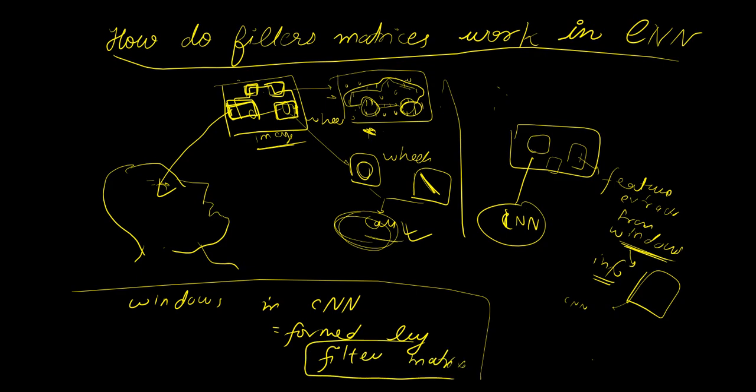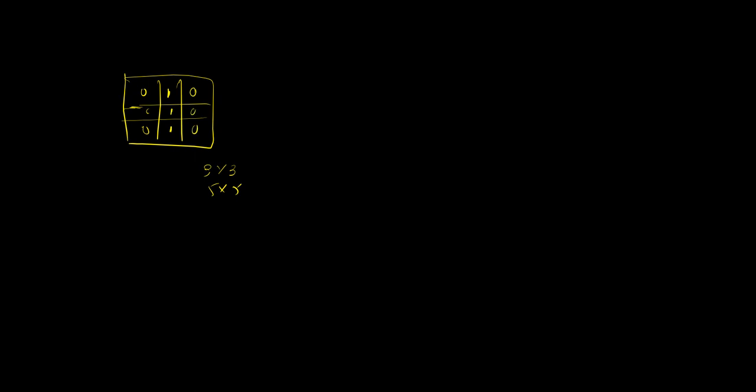I will give you the reason why it is a convolutional neural network. So what are these filter matrices? These are nothing but small matrices, usually of odd shape like 3 cross 3, 5 cross 5, usually very small. And they have values, for example, 1 1 1, 0 0 0, 0 0 0. So what are these values?